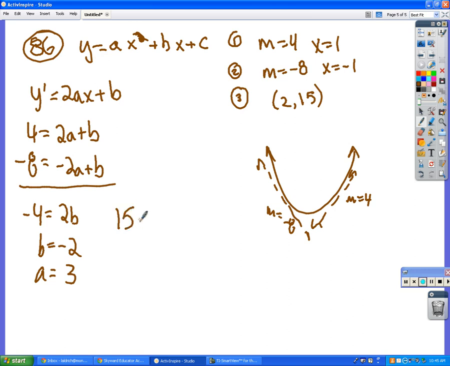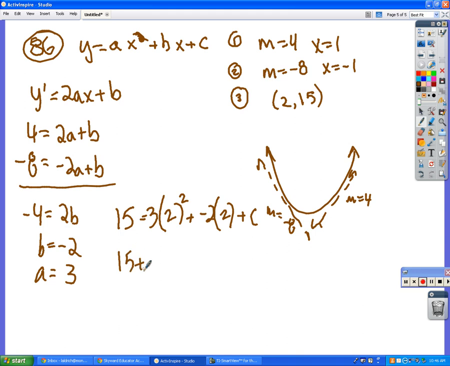So 15 equals 3 times 2 squared plus negative 2 times 2 plus c. All I did there is substitute 15 for the y, 2 for both of the x's, 3 for the a, and negative 2 for the b.